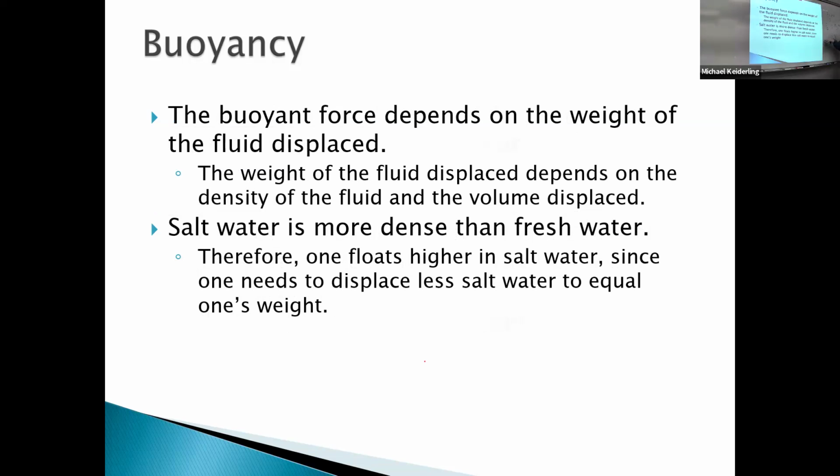So salt water is more dense than fresh water. Therefore, if you go float in salt water, you float higher. If you float in extremely salty water, you'll float even higher. So if you ever go to a salt sea, like the Dead Sea, you end up floating really high in the water and it feels very strange.